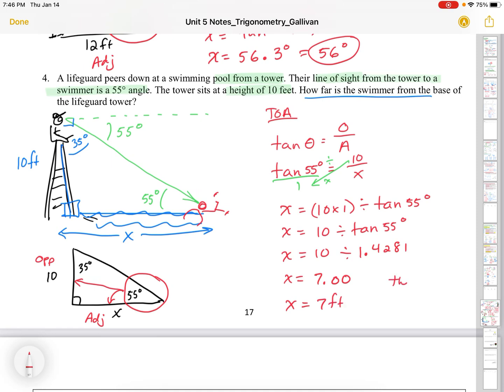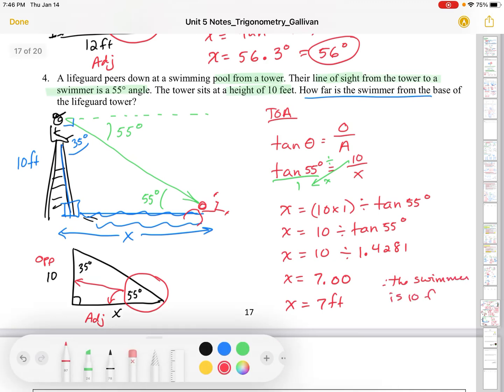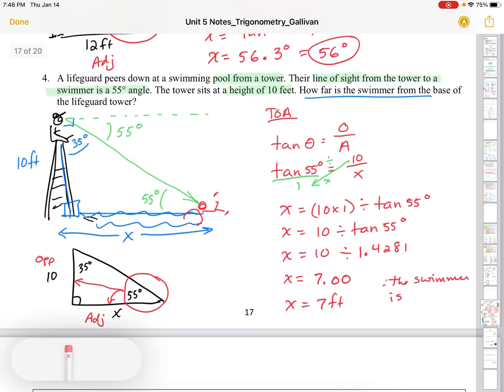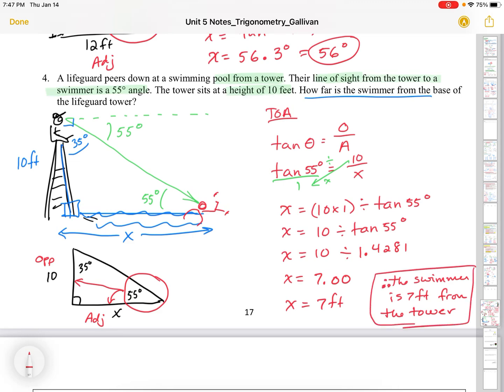And you could say the swimmer is 7 feet from the lifeguard tower. I'm just going to write tower because of room, okay? So that would be your sentence. You can write a better sentence than I can.